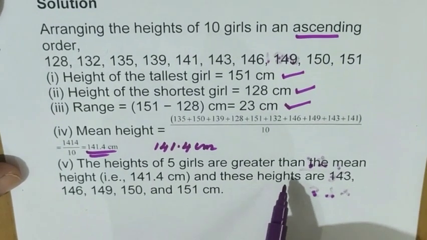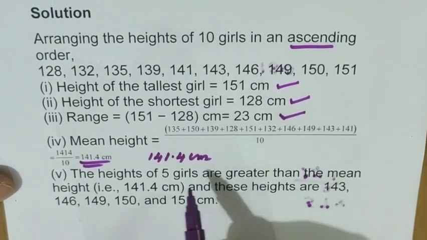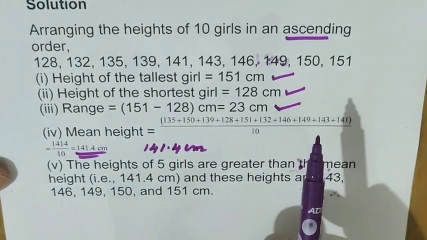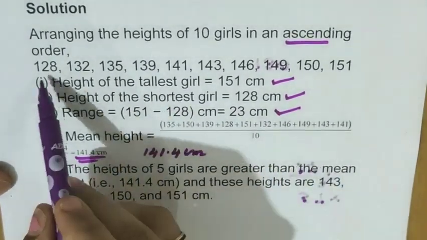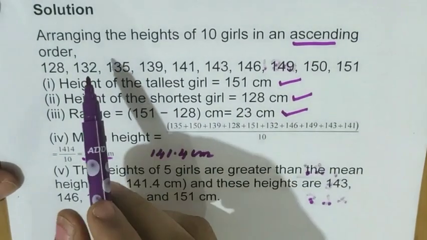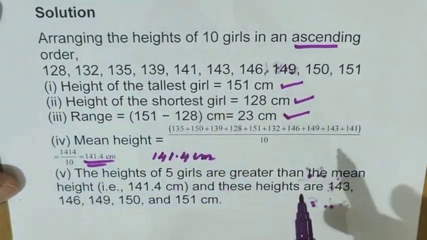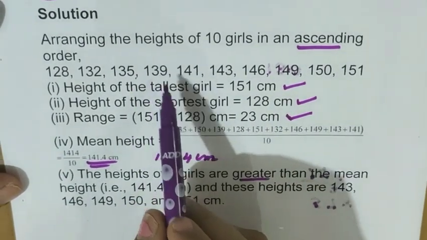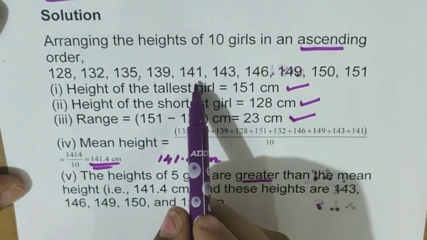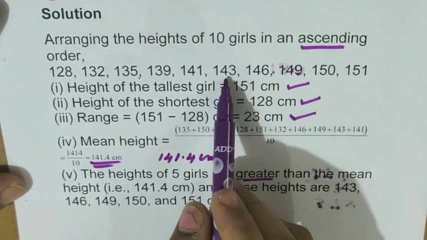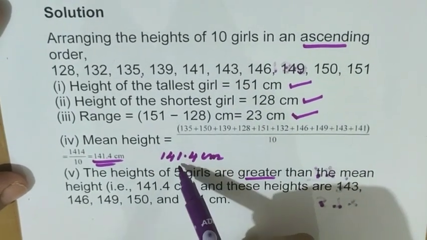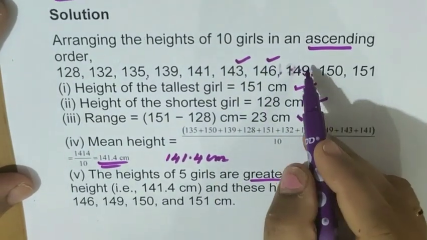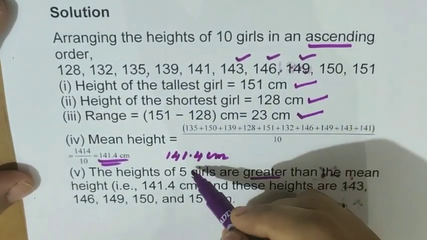Now what is the sub question again? How many girls are greater than this height? So we can count and see, just check that one, it is 141.4. So 128 is less than 141, 132 is also less than. This time greater than is asked. 135 is also less, 139 is also less, 141 is also less. Now 143 is greater compared to our mean, 146 is greater, 149 is also greater compared to our mean.